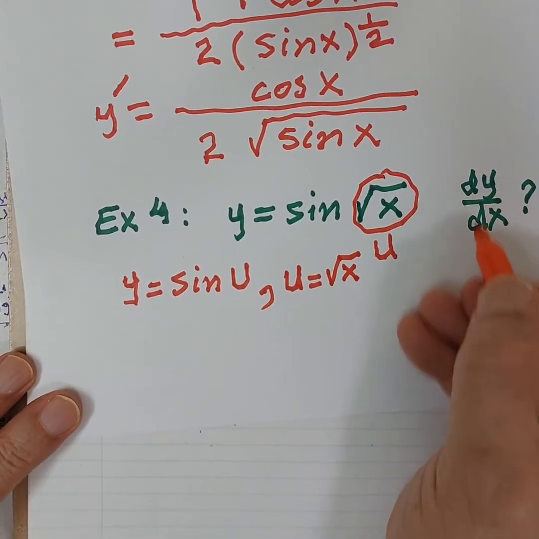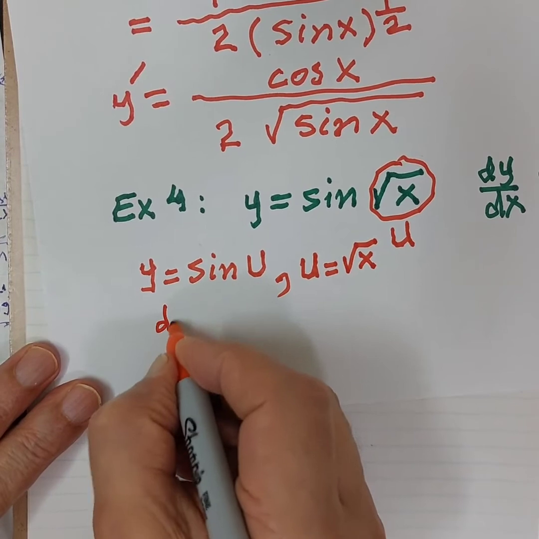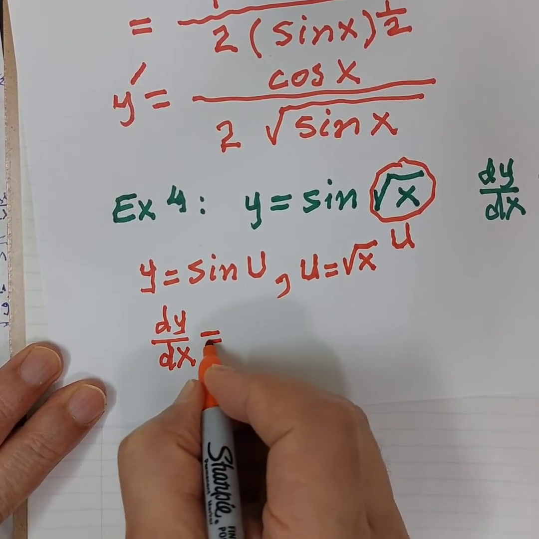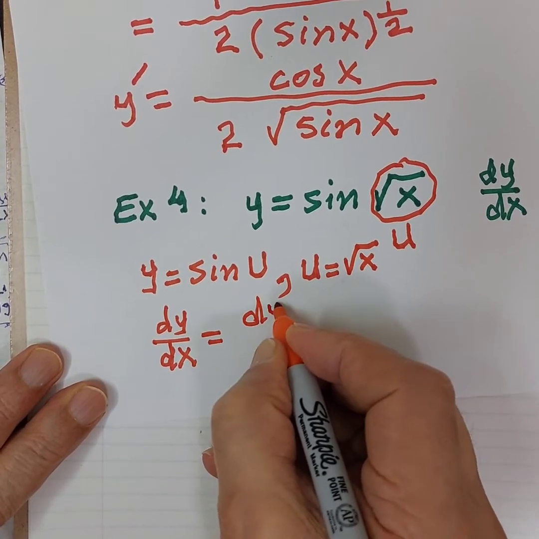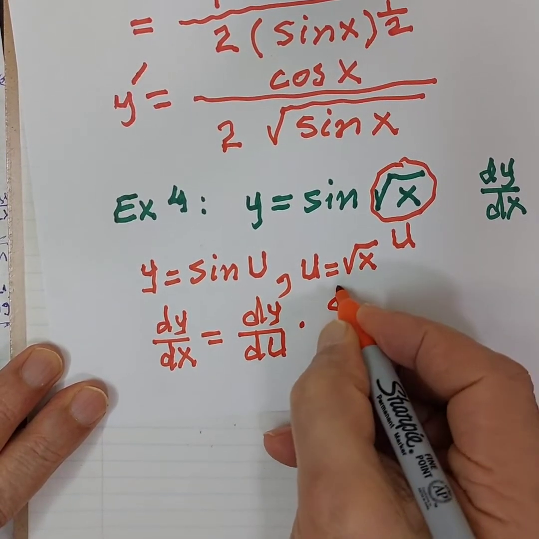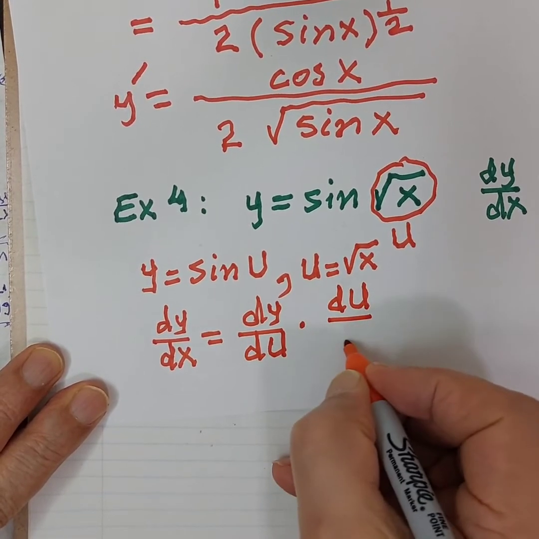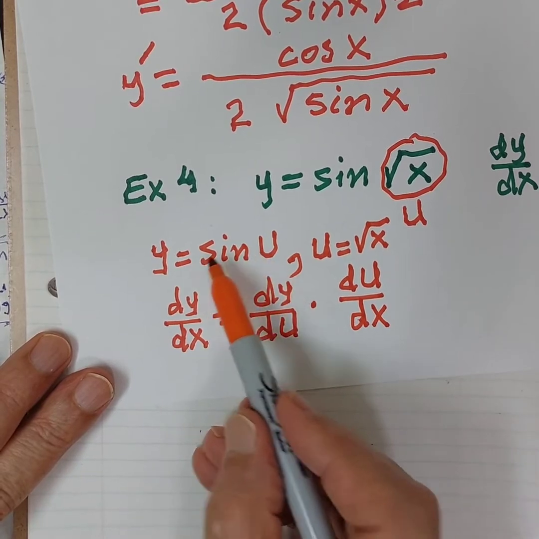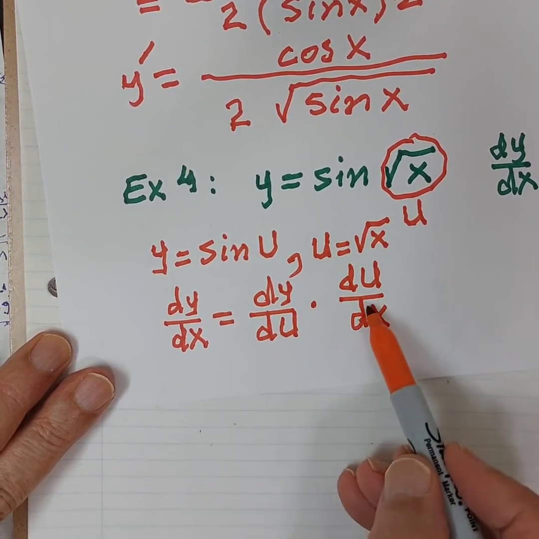Then to find dy by dx, we said dy by dx is dy by du multiplied by du by dx. So we will do the first one here and the second one here.